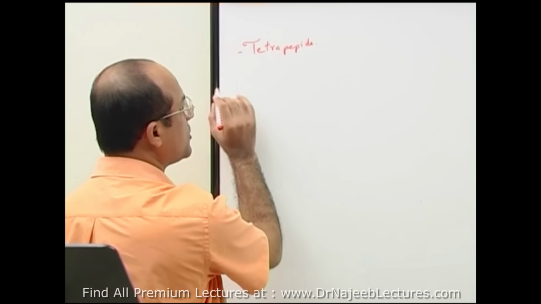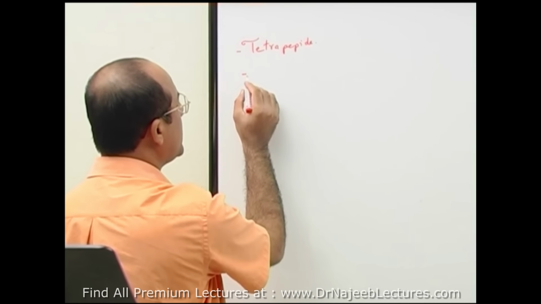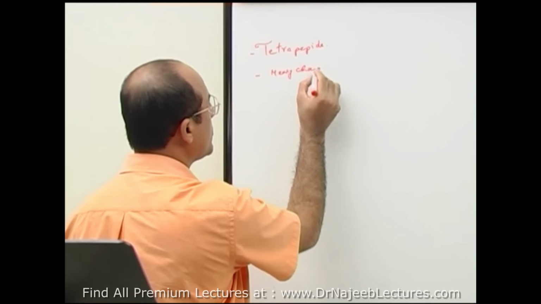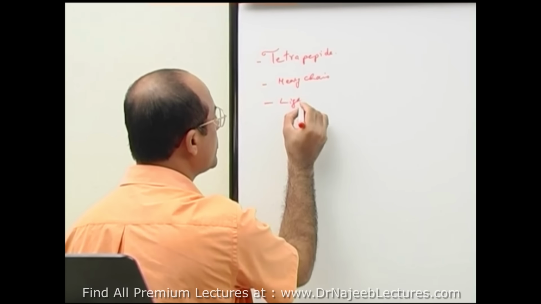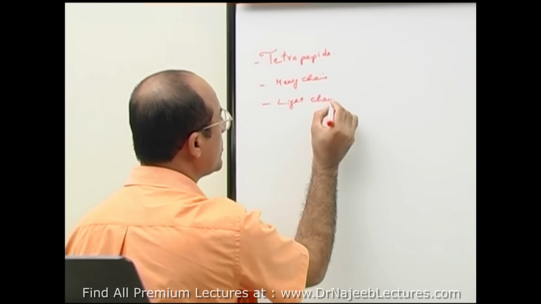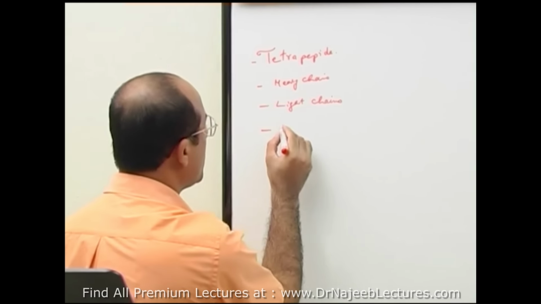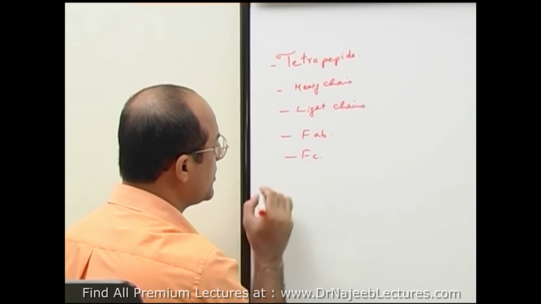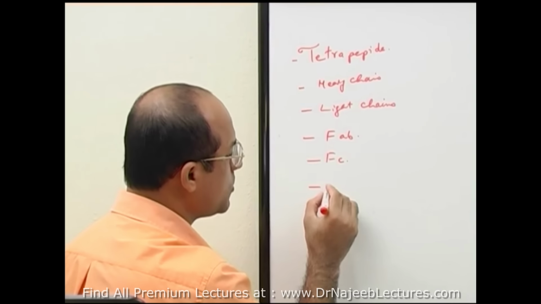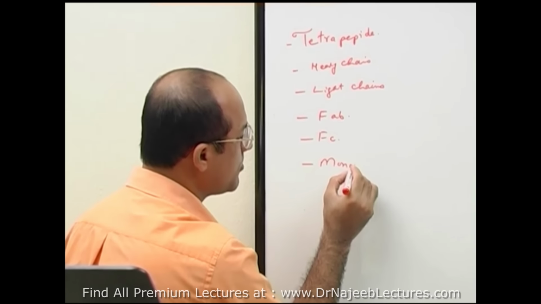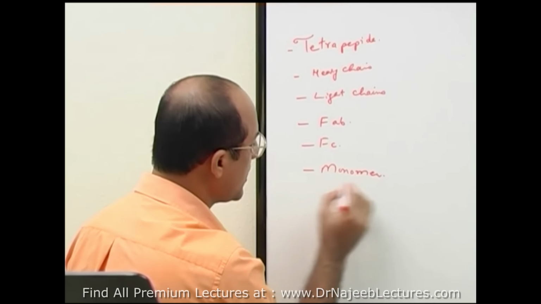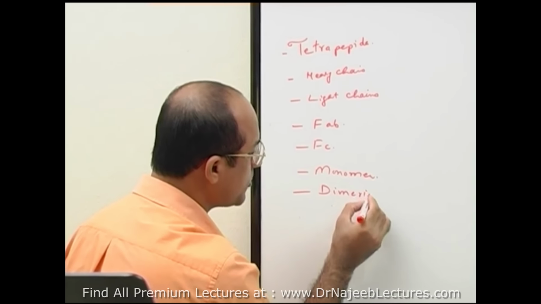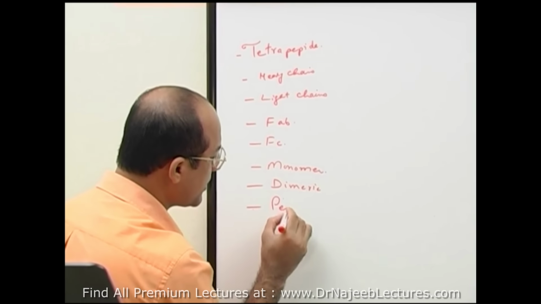We should be clear about these terms: heavy chains, light chains, fragment FAB, fragment FC, and then we should develop a concept of what is monomer, monomer molecule, dimeric molecule, dimeric antibody molecules, pentameric.